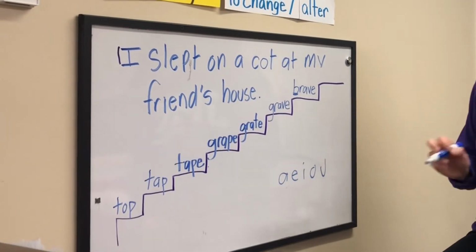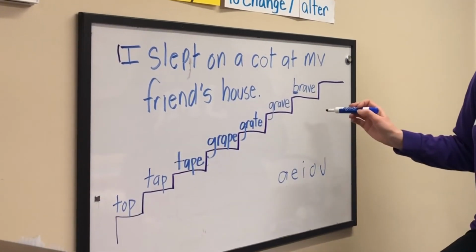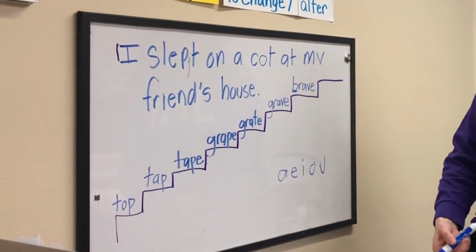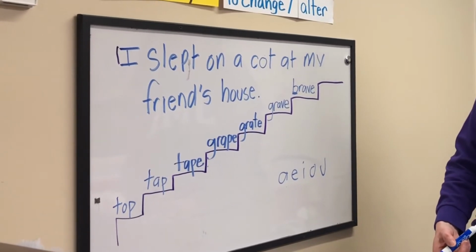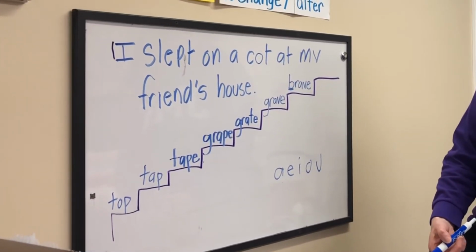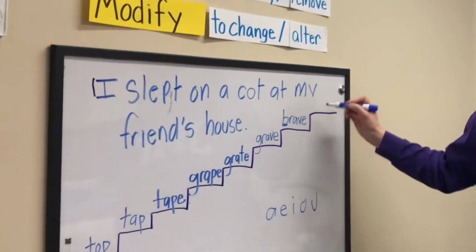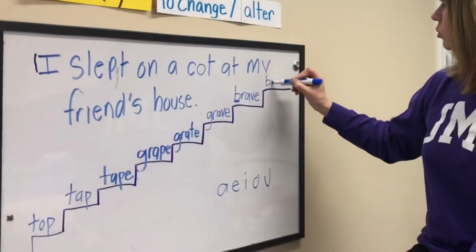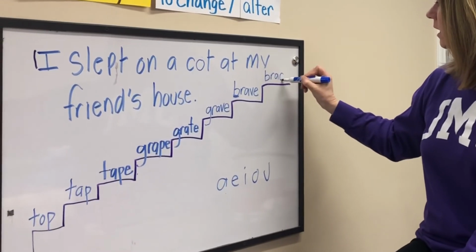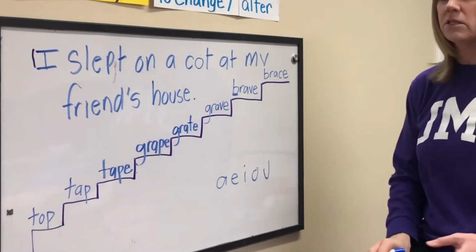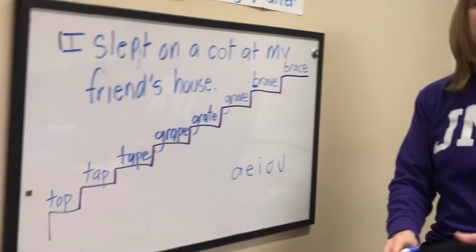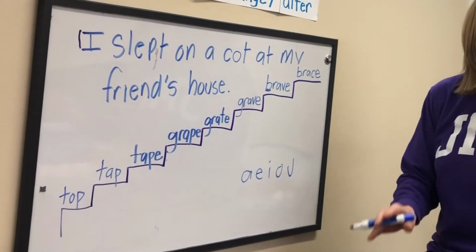All right, I've got one stair to go. Oh, I'm at brave. Where am I going from here? Well, I'm thinking about my alphabet, and I know. Brace. A brace is a small medical device that you would keep on your leg or your arm, even your finger.